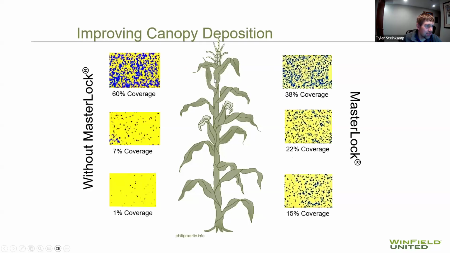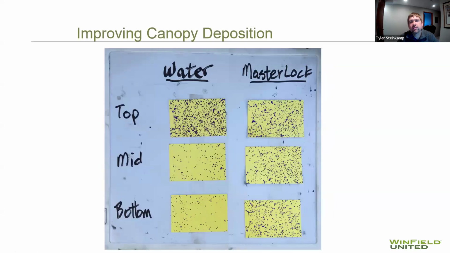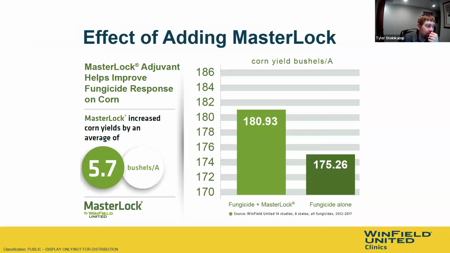Penetration: you can see that this is a whole different study with very similar results. In the end, we're at roughly 68% coverage here versus about 75% coverage here on the right. The real thing this comes down to is that if I can get more of the fungicide down into the canopy and not lose it, I can quantify that in a yield response.